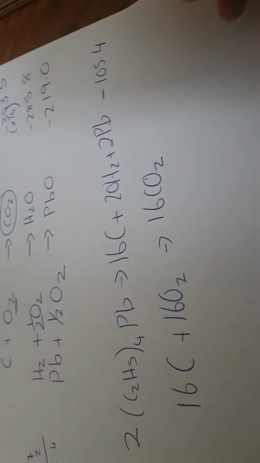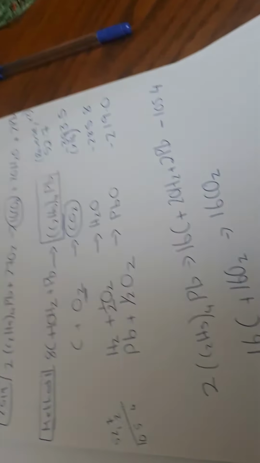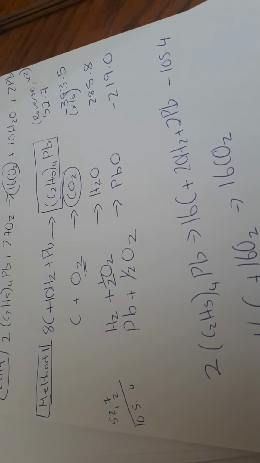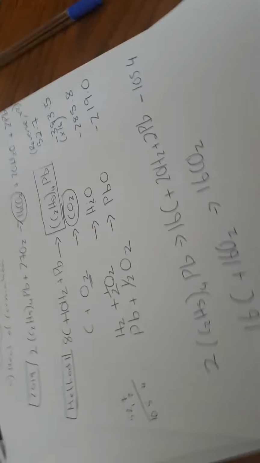So I'll just open up my calculator here. Now the sign here stays the same, and the reason why the sign stays the same is because I'm not reversing. I'm not changing its side. So because I'm not changing its side, it stays the same.